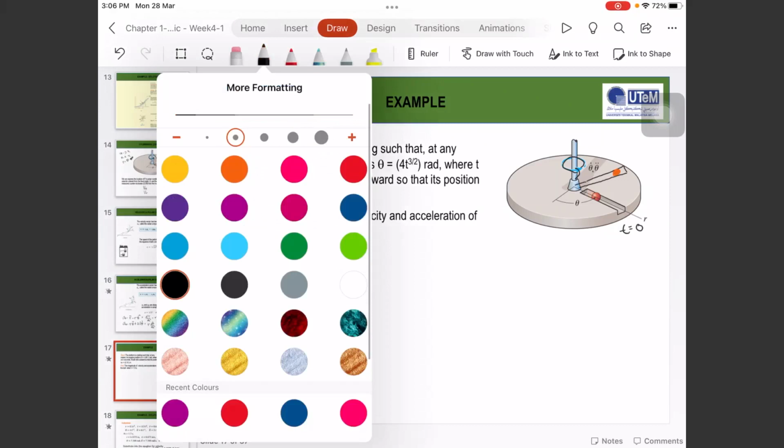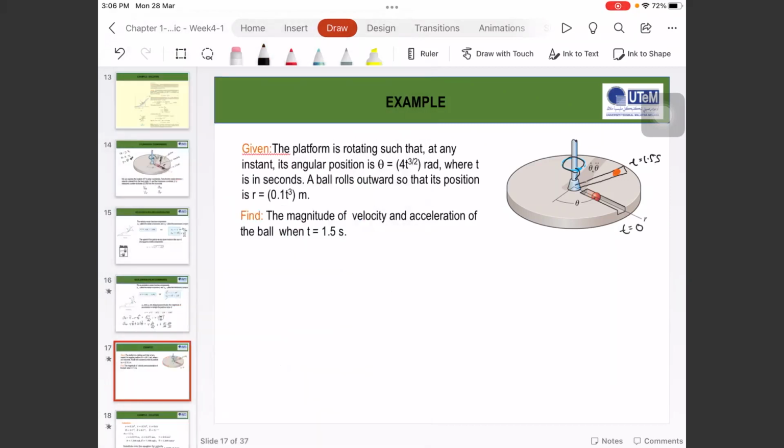T is equals to 1.5. Okay, so dia dah move sebanyak theta dan dia juga move R. Boleh? So what is the velocity and acceleration?